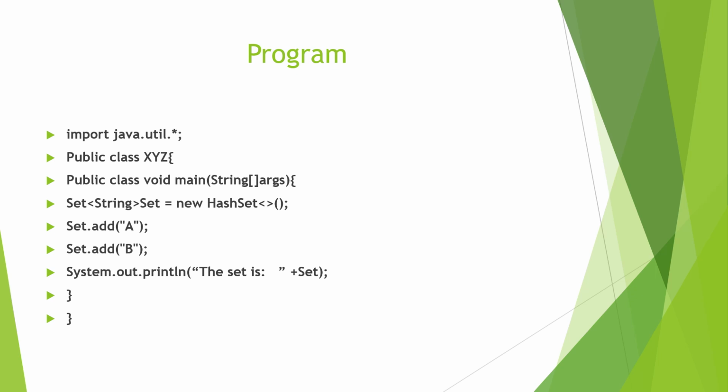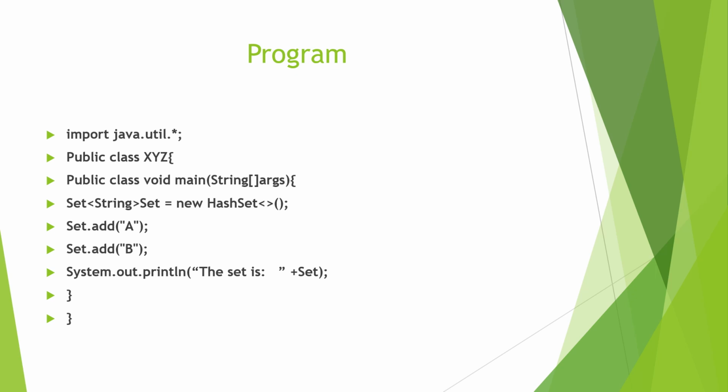This is also with capital S, but if someone wants to start with a small letter, that is also valid. Then equals to, and then I have created an object with new.